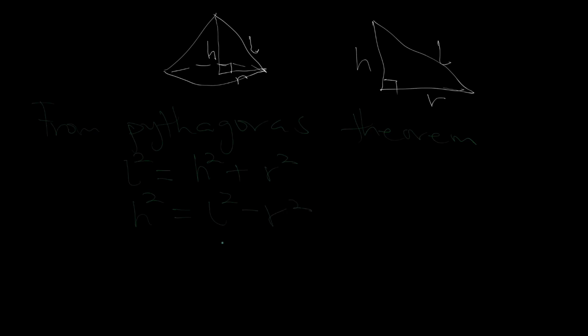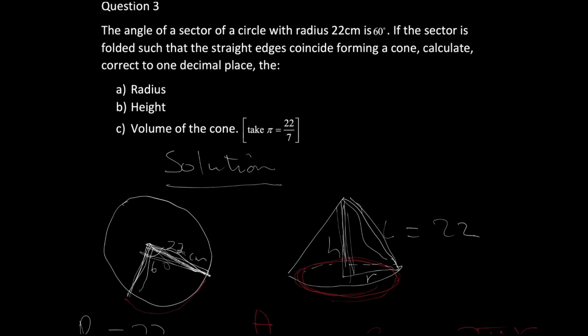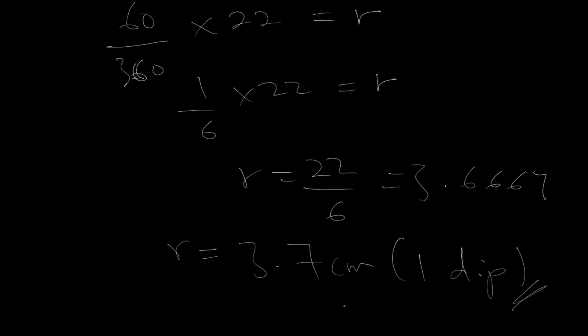Now we know our l, which is 22, and we know our r, which is 3.6667. Mind you, over here we use 3.6667 as the value for r instead of 3.7 because there has been an approximation.